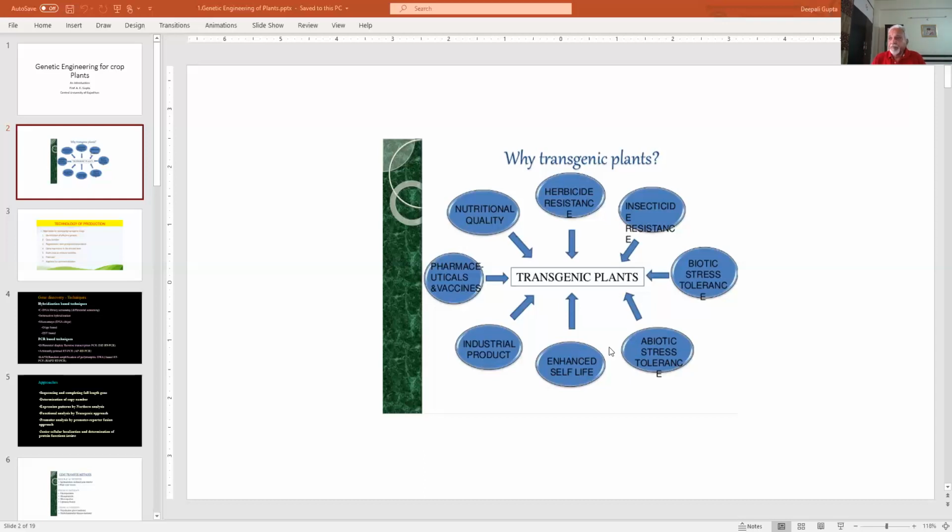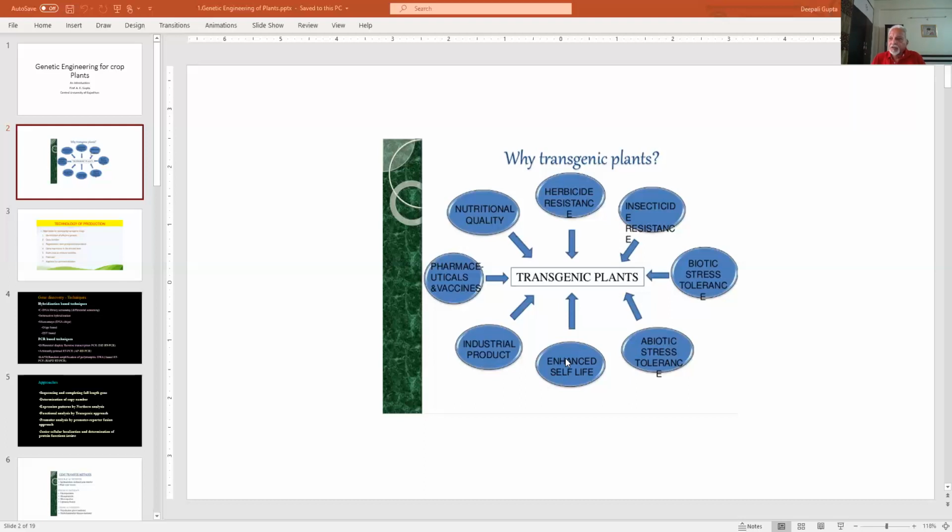For example, we can change the shelf life of a plant. For example, a tomato successfully has been demonstrated, and I will talk about this later, how the shelf life of tomatoes has been increased. What it means is that the time from field to the consumer is increased.